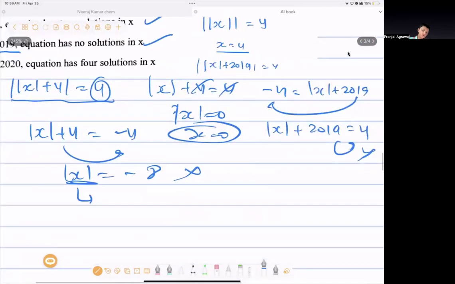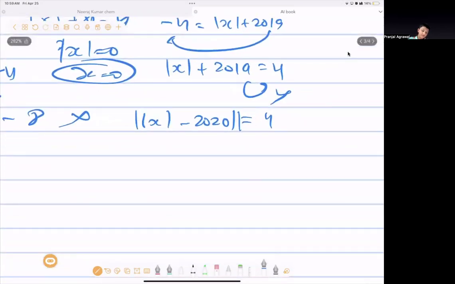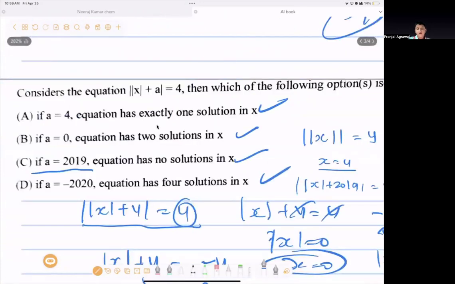Put a equal to 2020, equal to 4. So we have either 4 plus 2020, which has two solutions, or -4 plus 2020, which has two solutions. So it will be 4. So all the options are correct. All above answers. Okay.